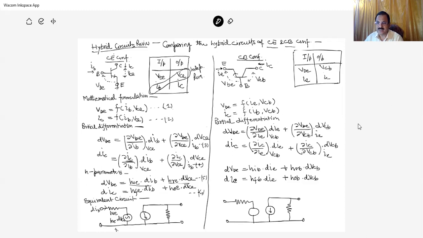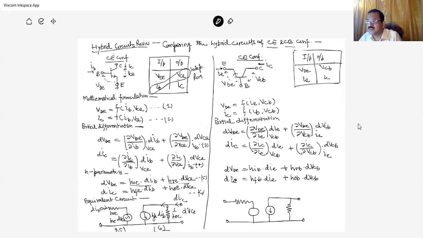Here it is hfe into dIB, and another term, 1 upon hoe into dVCE, which gives dIC. So equations 5 and 6 give the equivalent circuit of the transistor in common emitter configuration.